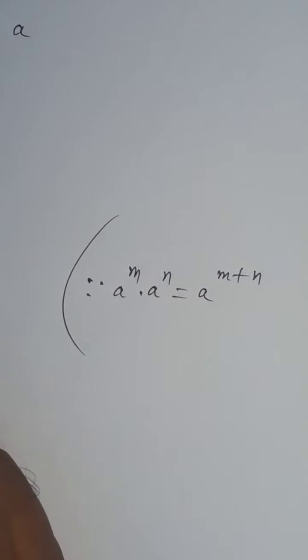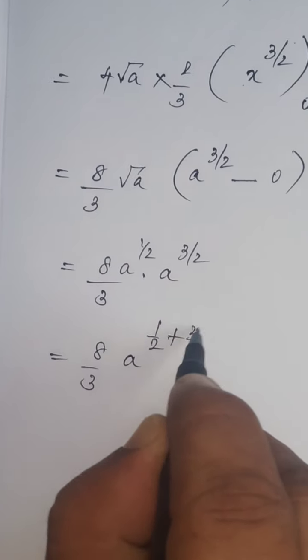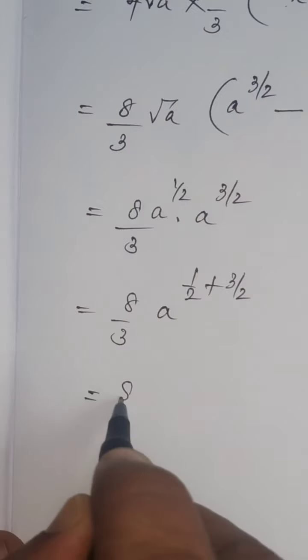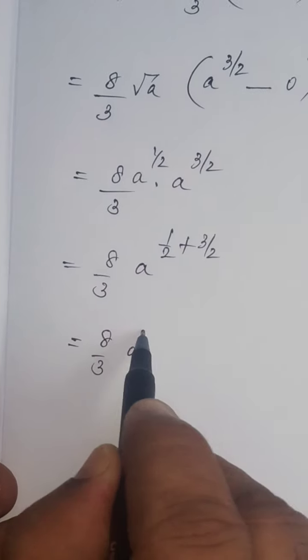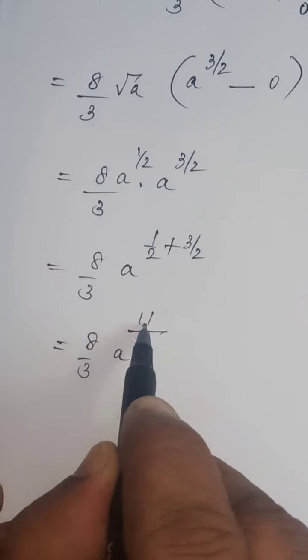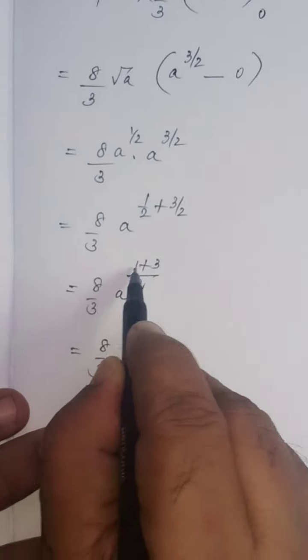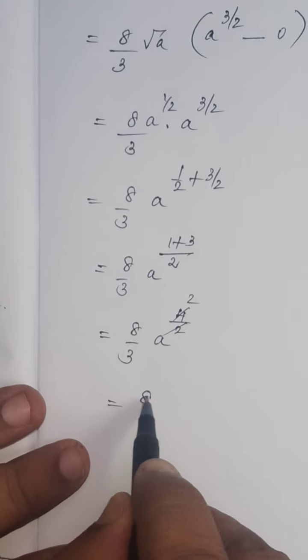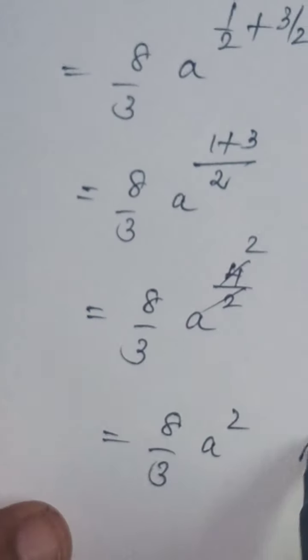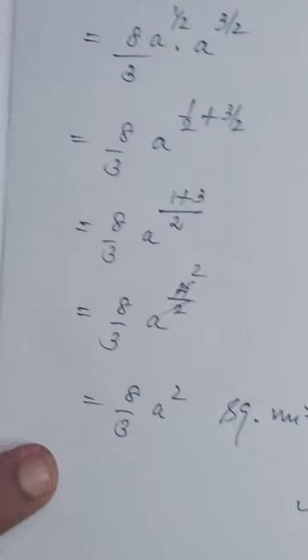So a power half into a power 3 by 2 equals a power half plus 3 by 2. Common denominator 2, add the numerators, 1 plus 3, 4 divided by 2, 2 gets cancelled. That is equal to 8 by 3 a square. Don't forget to write the units, square units, at the last.